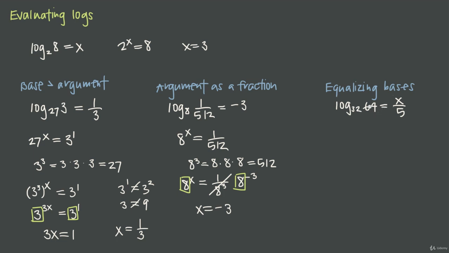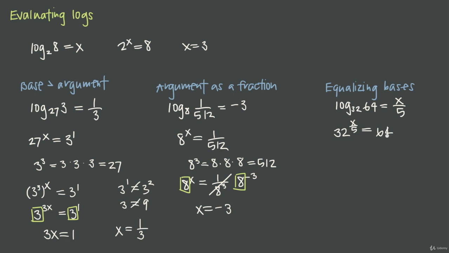So again, converting this log equation into exponential form, we say that 32 raised to the x over 5 power is equal to 64. The goal here is to solve this equation for x. So you'll be given sometimes equations like this one and asked to solve for the variable. All you're going to do is try to equalize bases the same way we did over here. So I have 32 raised to the x over 5th power is equal to 64.